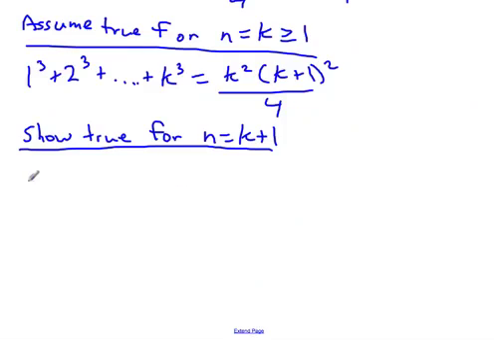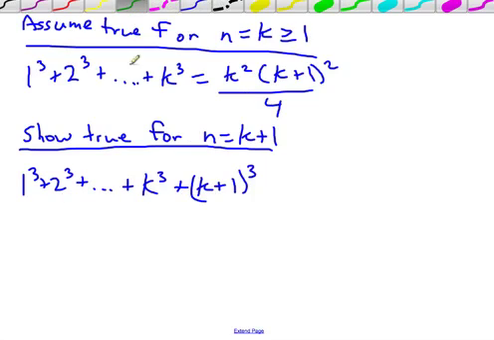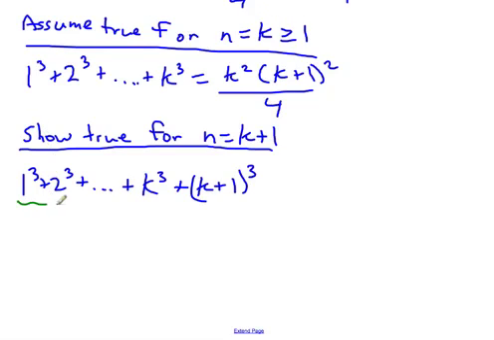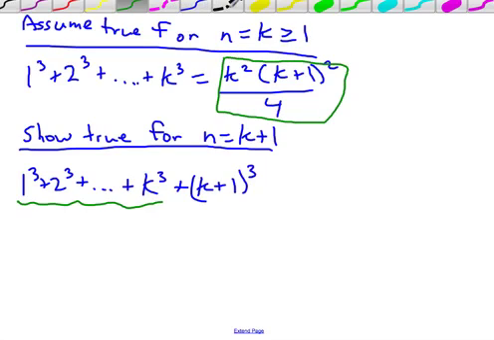Alrighty, so we're going to start off with 1 cubed plus 2 cubed plus up to k cubed, and the last one is going to be k plus 1 cubed. And right now we can do a substitution right away. All this up to k cubed is equal to this expression, so we're going to substitute that in.